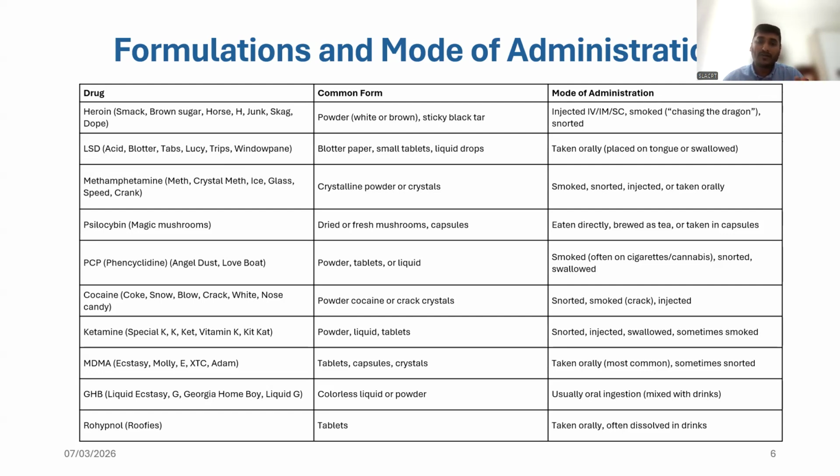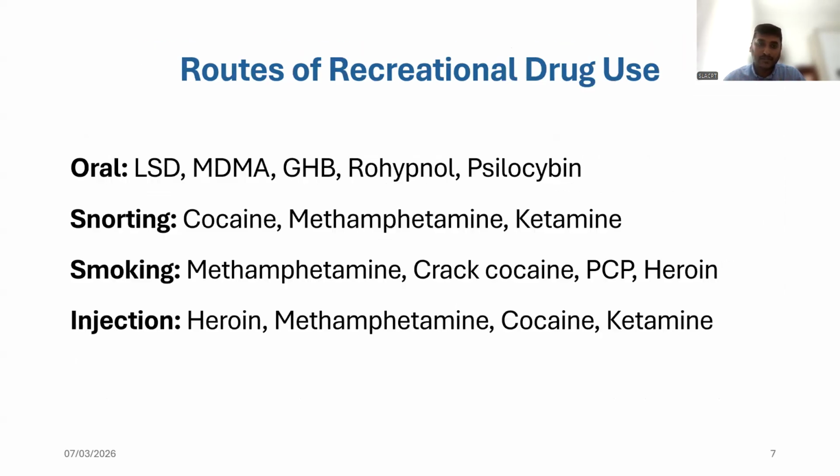For example, heroin is available as a powder, so it can be injected intravenously, intramuscularly, or subcutaneously, and it can also be smoked or snorted. LSD can be available as liquid drops. The most famous, ice, is available as a crystal, which is why it looks like ice. So you can see a list of recreational drugs, and each drug has multiple formulations and is administered in different manners.